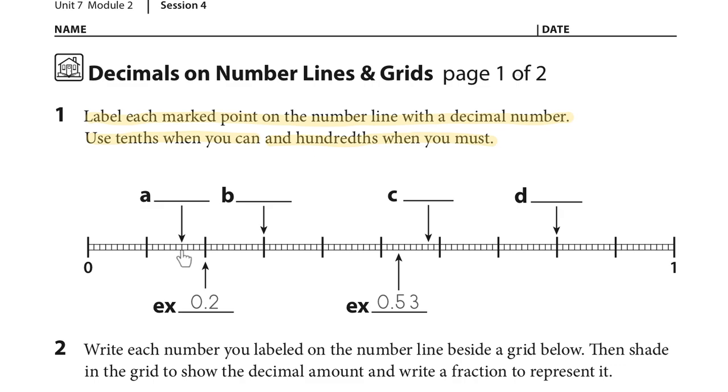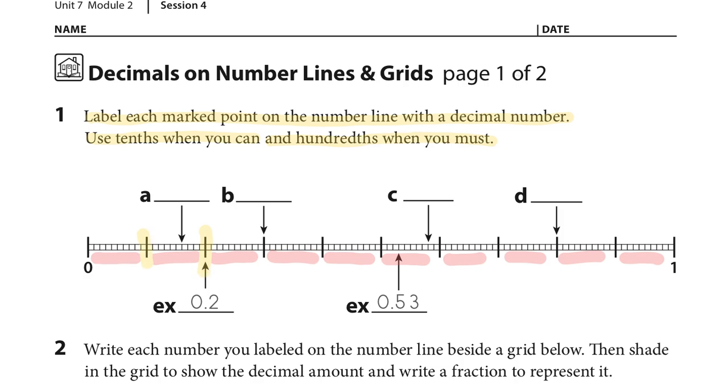So I look at this mark here, and I know that I'm counting to 1. If I were going to color in the number of gaps, I've got 1, 2, 3, 4, 5, 6, 7, 8, 9, 10. So I've divided this into 10 segments. So I'm working with tenths. And I know that every time I come across one that's pointed at the black lines, that's a tenth, okay?